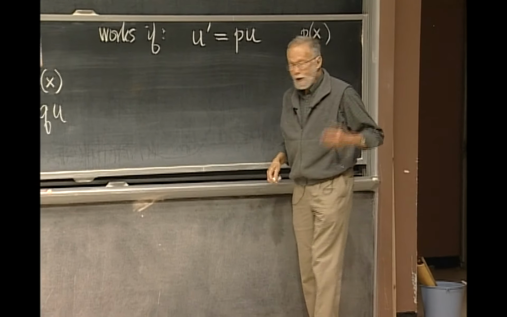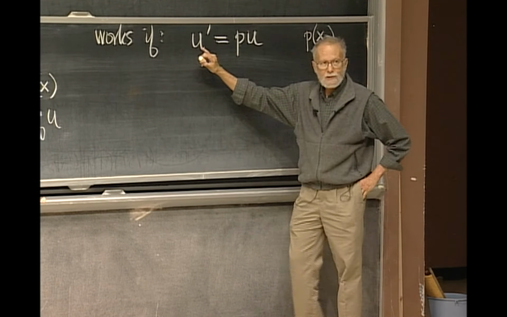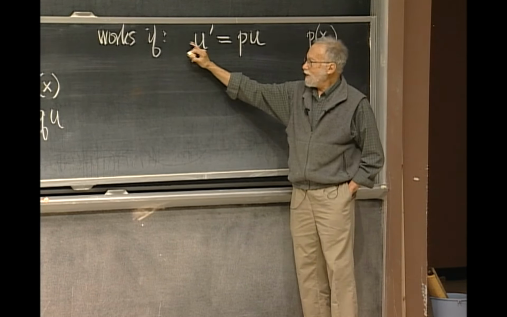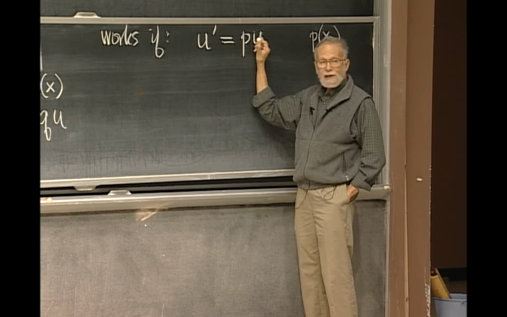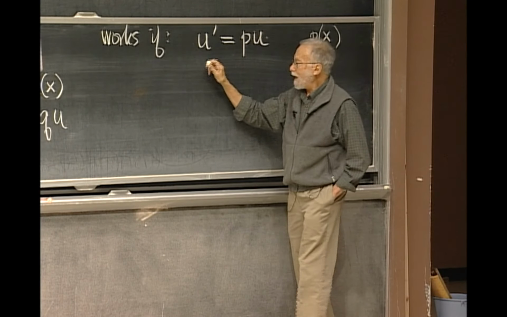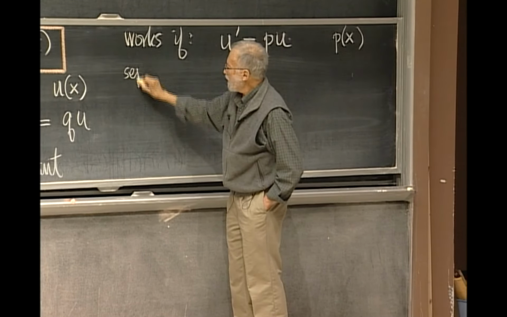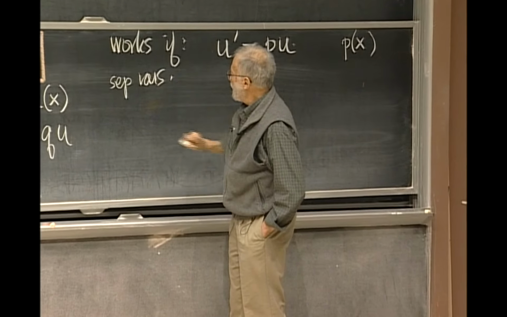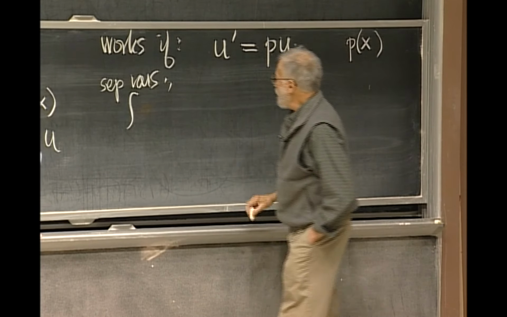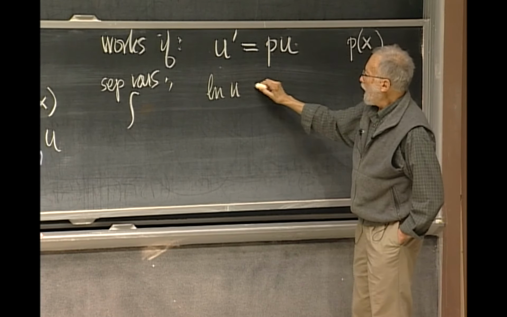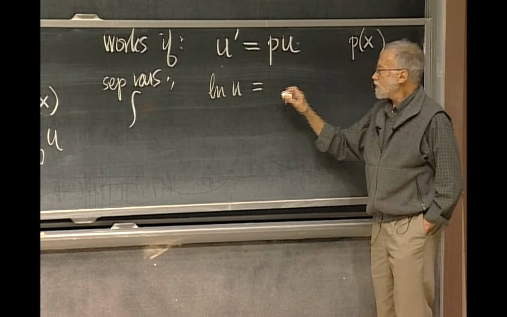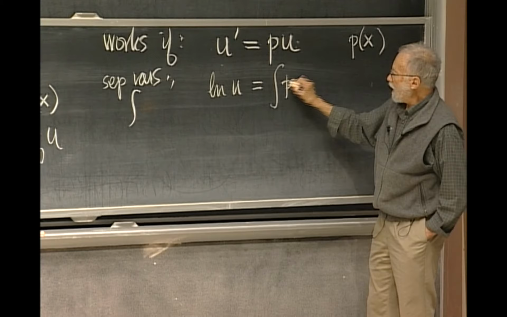So if you separate variables, du over u equals p of x times dx. If I integrate that, du over u integrates to be the log of u, and the other side integrates to be the integral of p of x dx.